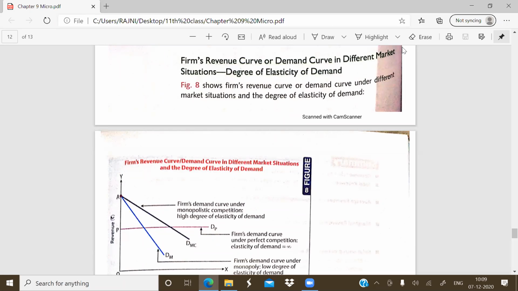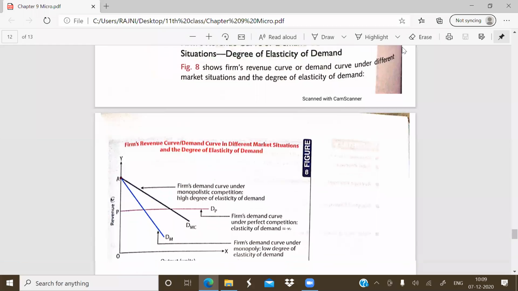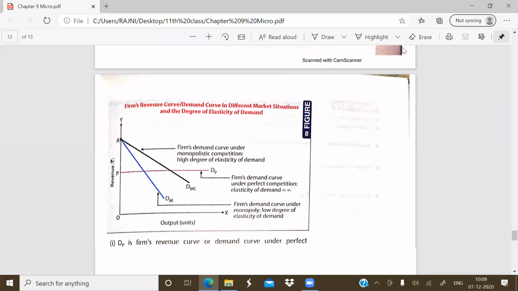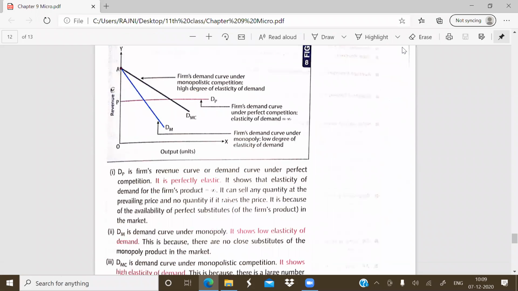No doubt we have told that in case of the monopoly and monopolistic competition, a firm can increase the sales of its product only when it reduces the prices of its product. Now the question arises, how much elasticity is there? See, in case of the monopoly there is less elasticity, right? But in case of monopolistic competition there is more elasticity, a high degree of elasticity of demand.